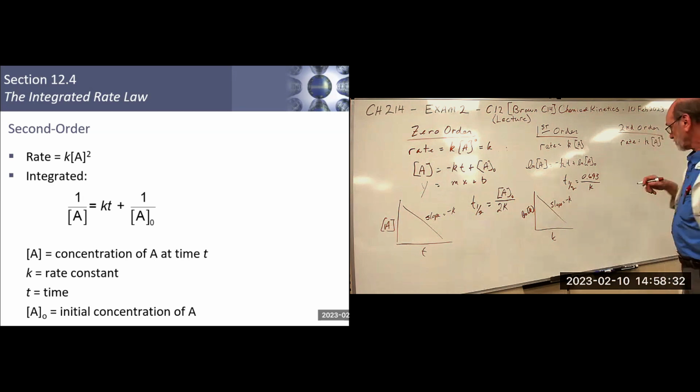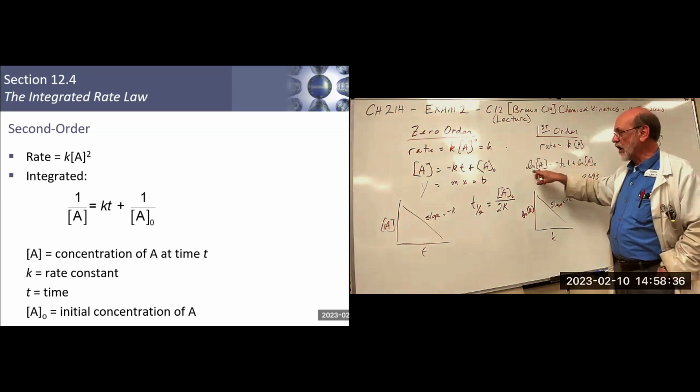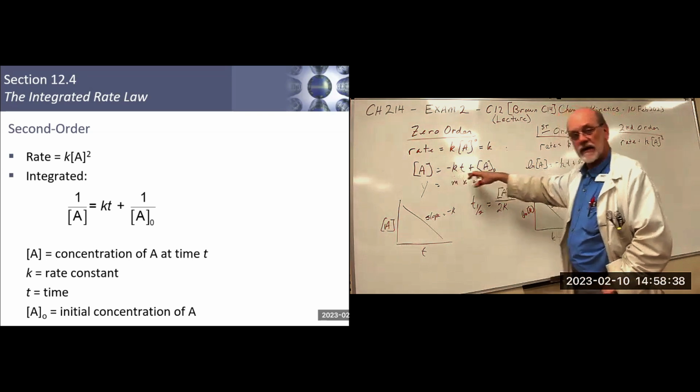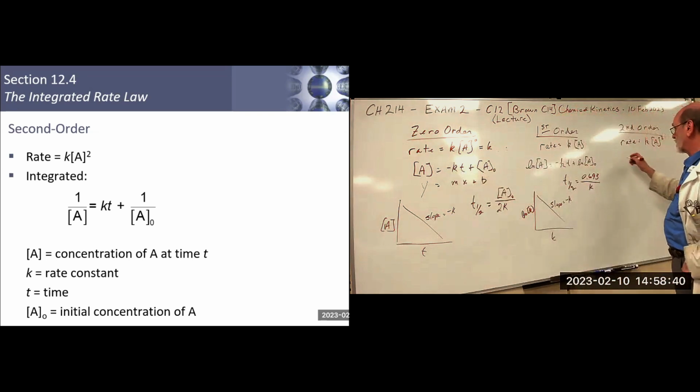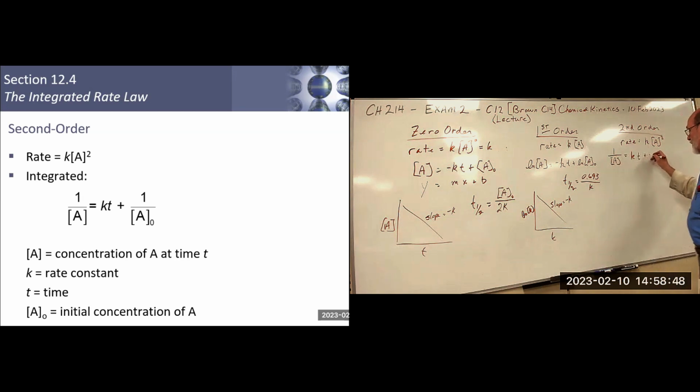And the integrated rate law, rather than natural log of A, we have the reciprocal of A equals k times t plus 1 over the initial A.